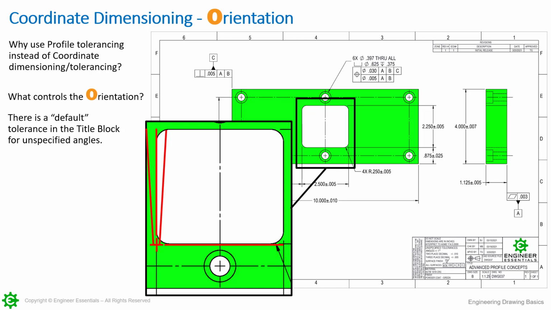I call it an argument, but there's a conflict here of where does the angular tolerance zone start? Does it start at the tangency of this fillet, the radius, or does it start down here where the dimensions intersect? This is open a little bit to interpretation, and that's one of the reasons I don't like this method.